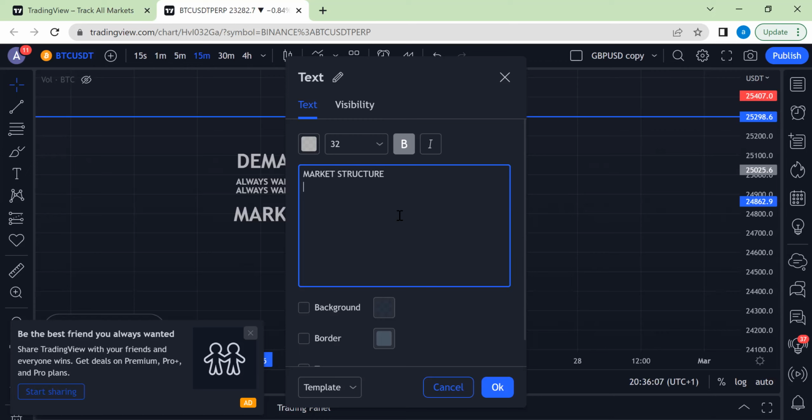Now, for a consolidating market, you don't want to trade SMC on it because in a consolidating market, it's hard to find demand zone and supply zone. It is very hard to find. So in a consolidating market, you do not want to try it at all. So that's market structure for you.